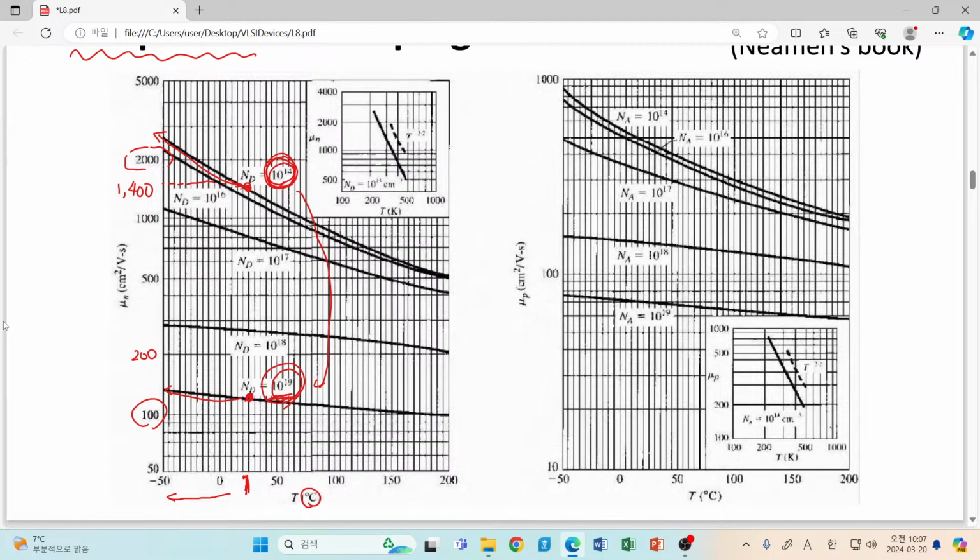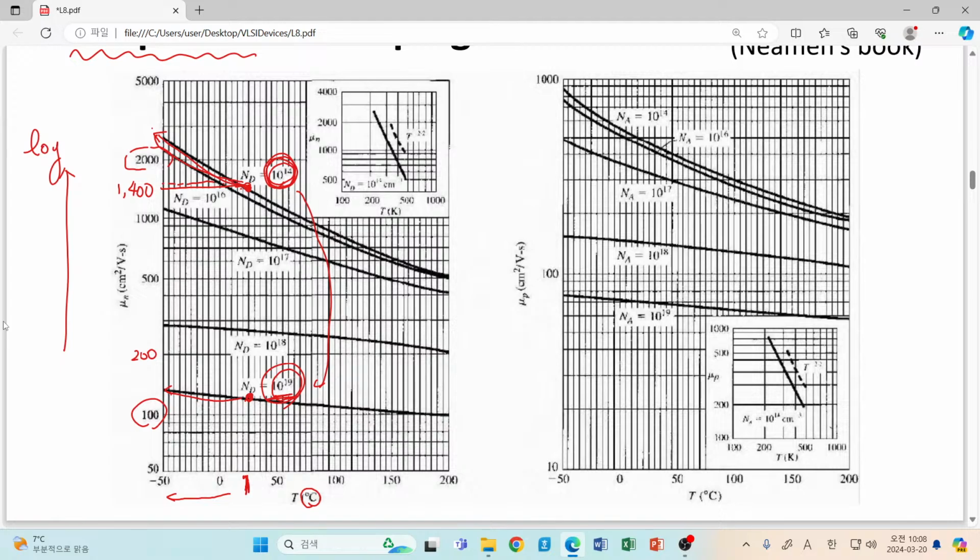When you cool down the sample with 10 to the 14 per cubic centimeter, how about the increase of your mobility? Here you have a significant increase. Please note that this is also written in logarithmic scale, so this small change in this graph shows an exponential increase.